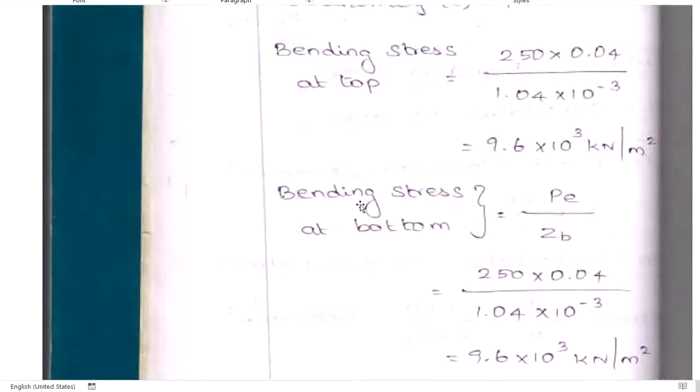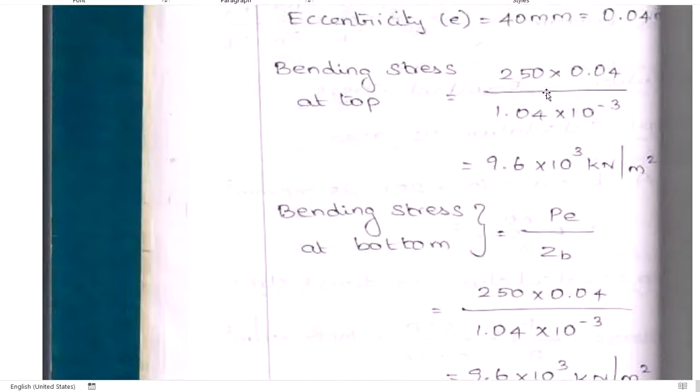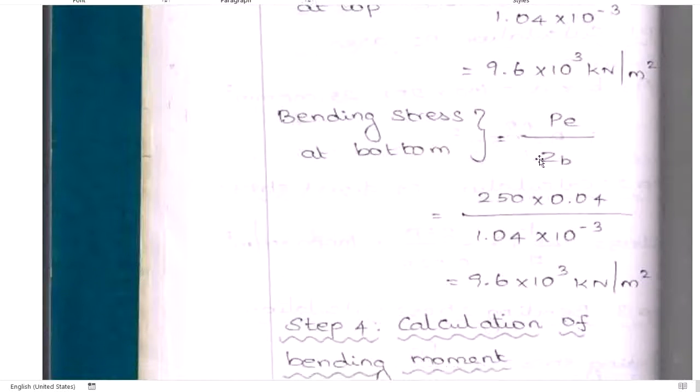It is PE divided by ZT at the top, and PE divided by ZB at the bottom. So the bending stress at the top is P into E, that is 250 into 0.04, divided by ZT, which I have assigned over here, and I have got the answer as 9.6 into 10 to the power 3 kilonewton per meter square.